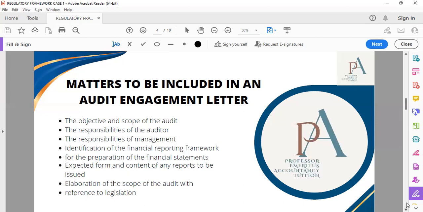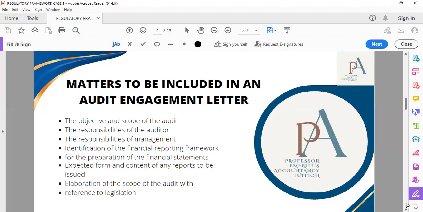So an engagement letter should state the objective and scope of the audit. Clearly, the objective of an audit is to enable the auditor to express a professional opinion on whether the financial statements are true or fair.